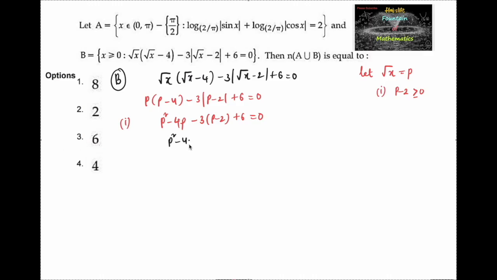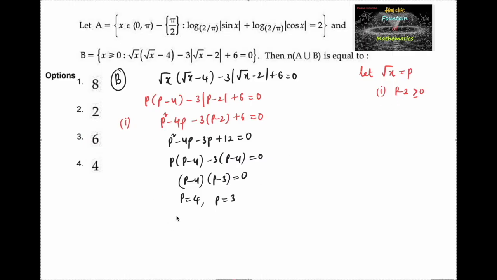So we can write p square minus 4p minus 3p, and again plus 6, that is plus 12 is equal to 0. So we can take p common, p times (p minus 4) minus 3 times (p minus 4) is equal to 0. So (p minus 4) into (p minus 3) is equal to 0. So we can say p is equal to 4 and p is equal to 3.